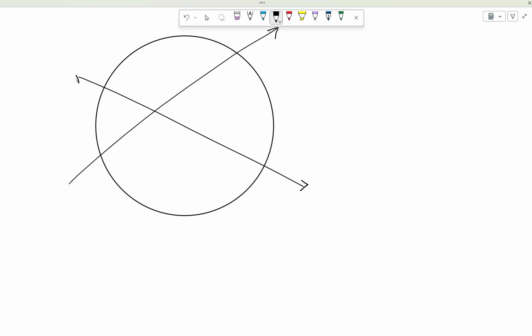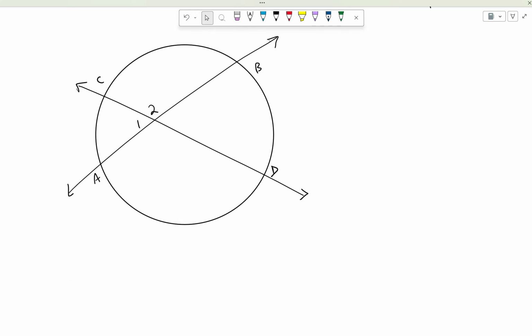So I have two secants. This is angle 1, this is angle 2, and this is going to be line AB, and then line CD is my other secant. And the question is, what are the angle measures? Now, what we've done so far is, if we had a central angle, like this angle at the center, it would be at this corresponding.